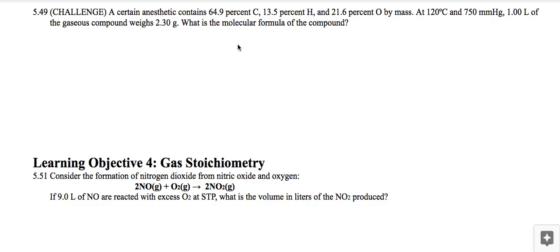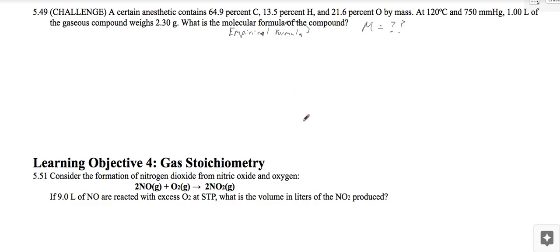So this pulls on some of the stuff that we did last chapter, and that is the empirical formula. Remember that we can use the empirical formula to figure out the molecular formula if we know the molecular mass.